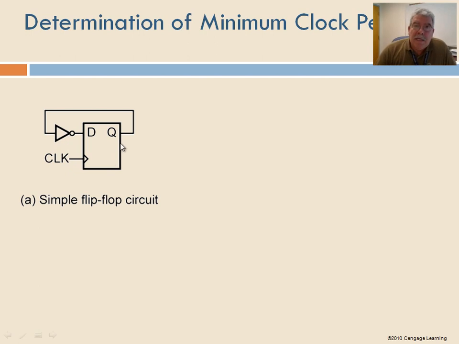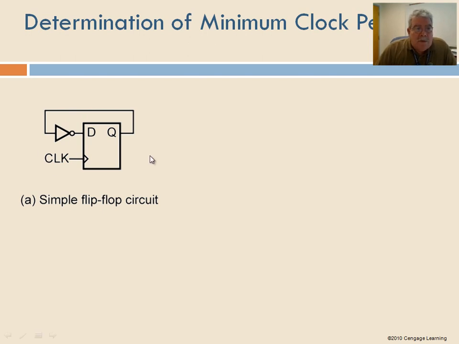For any change that occurs here, whenever the clock is active or enables the change, because the input is always the opposite of the output, we start toggling back and forth, from 0 to 1, 1 to 0, 0 to 1, 1 to 0, and so on, whenever this clock changes.